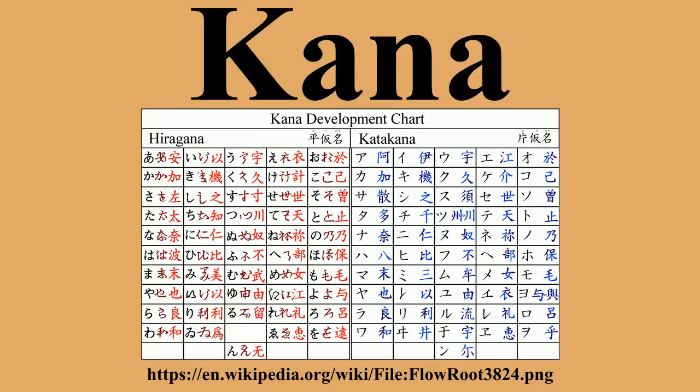U+309F is a ligature of yori, sometimes used in vertical writing. U+30FF is a ligature of koto, also found in vertical writing. Additionally, there are half-width equivalents to the standard full-width katakana. These are encoded within the half-width and full-width forms block, starting at U+FF65 and ending at U+FF9F.